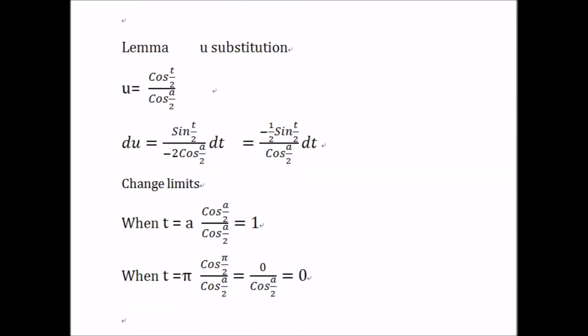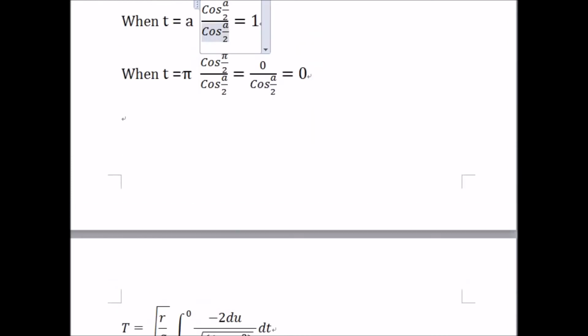Since we're using u substitution, we have to change the limits. When t equals a, we plug in a instead of t, so we get 1. And when we plug in pi, we get 0. So this is our new limit.